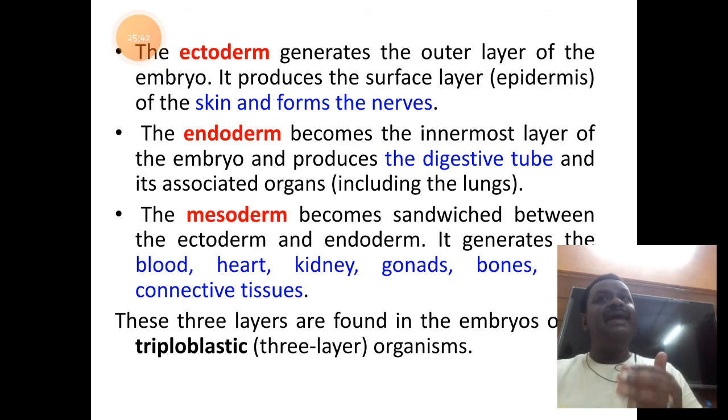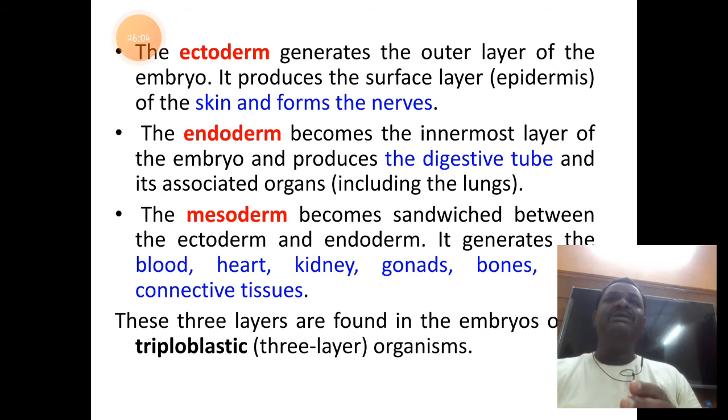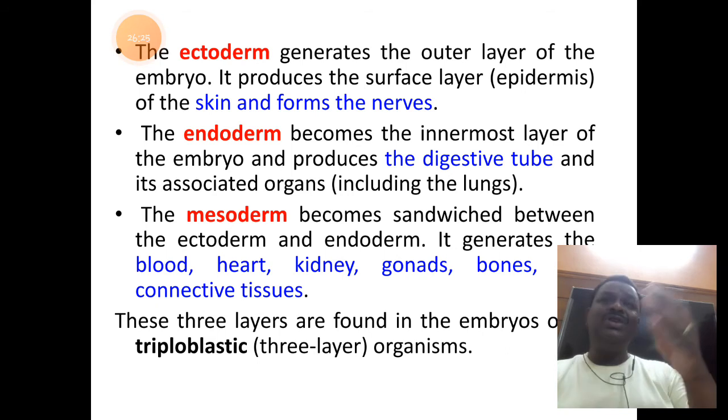Whereas the inner endoderm differentiates to form the digestive system, then the respiratory system, especially the alveolar cells, lungs, etc. Whereas the middle mesoderm forms the rest of the body systems like the circulatory system, excretory system, reproductive system, then muscular system, skeletal system, dermis, etc. Students, remember, this is the triploblastic condition, which is common in organisms of phylum Platyhelminthes to the chordate group.